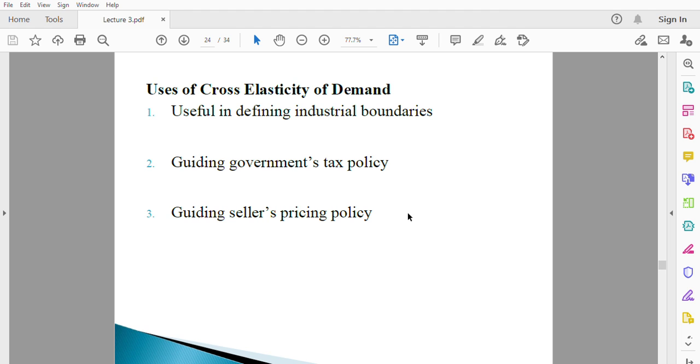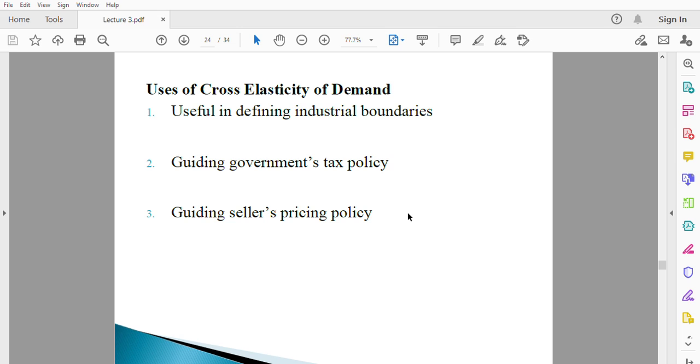Right. So the next thing we want to look at is what are the uses of cross elasticity of demand? Why is it important? The first is it is useful in defining industrial boundaries. If you are a company and you want to produce a variety of commodities, you should be able to know the cross elasticity of demand of those commodities.